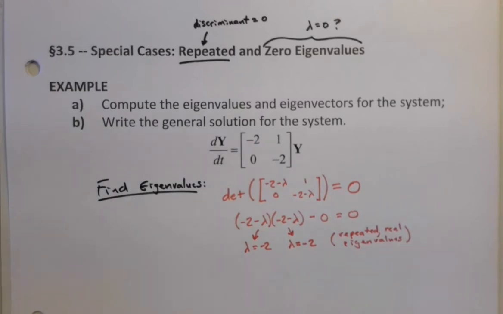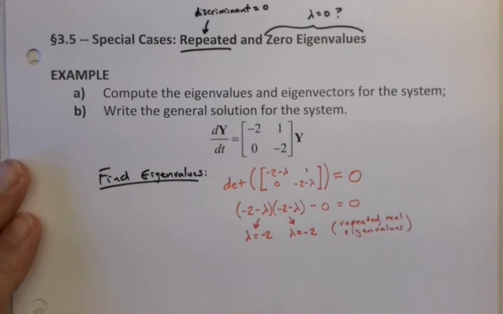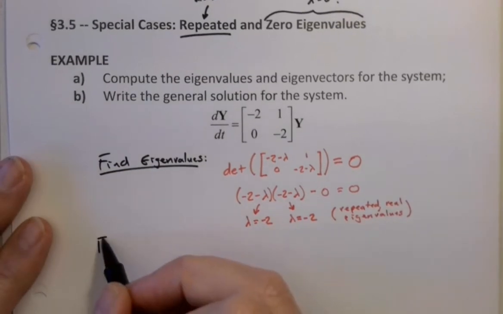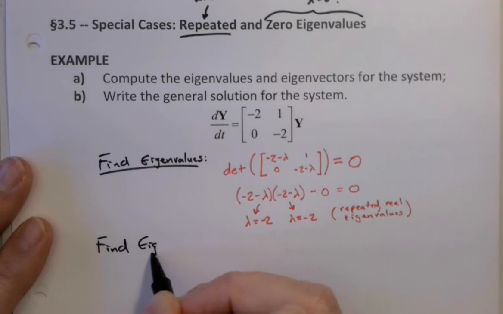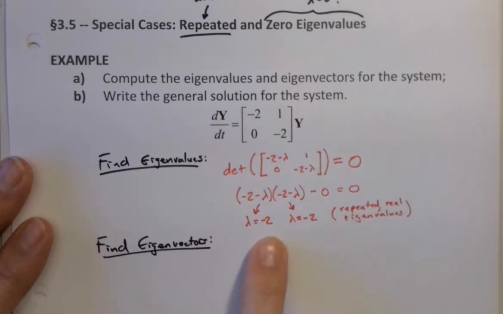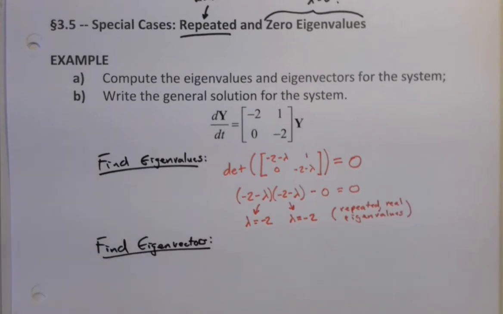So what do we do with this? Well, in the past, what we would have done is just plowed ahead and said, okay, well, let's try to find out what our eigenvectors are going to look like. But since we only have actually one number to play around with, it seems like there would really only be one eigenvector. So let's see what happens.